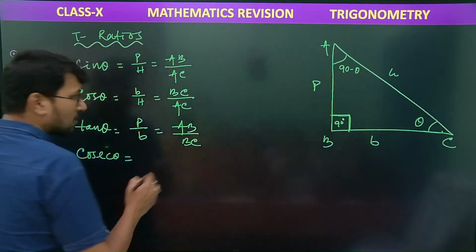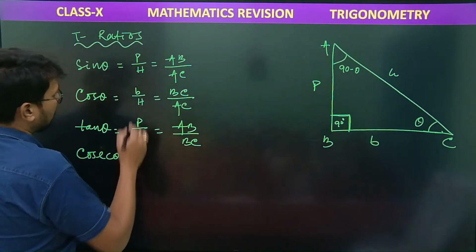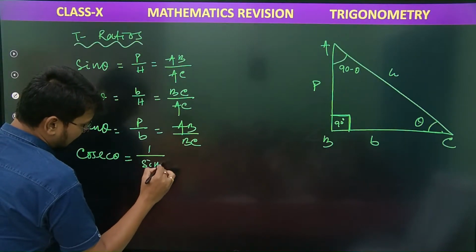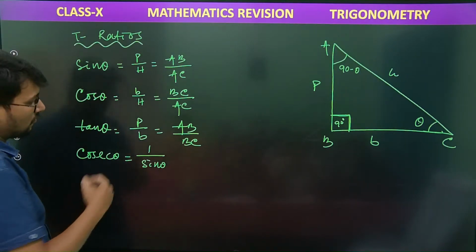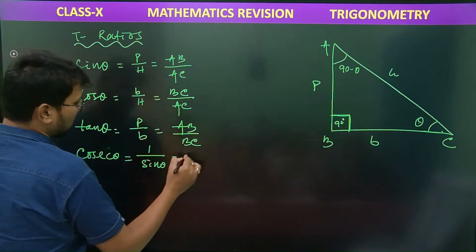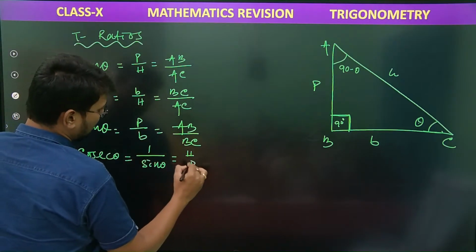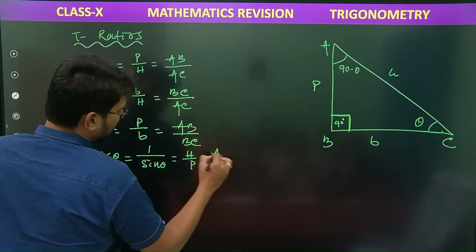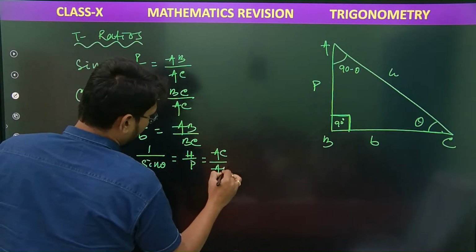Cosec theta is the reciprocal of sine theta, that is 1 by sine theta, that is H by P, which equals AC by AB.